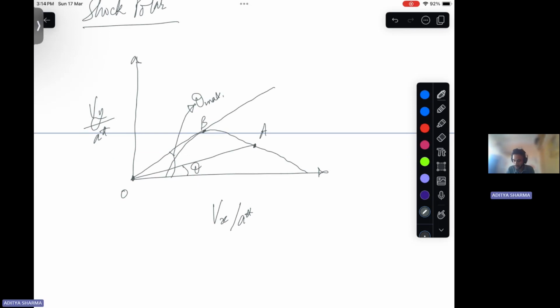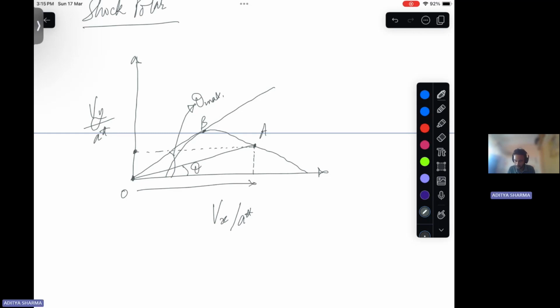And because it's a hodograph plane, if you again come to this point A, for this point A, the x and y axes are its velocities. The x and y components of its velocities can be drawn on this graph.